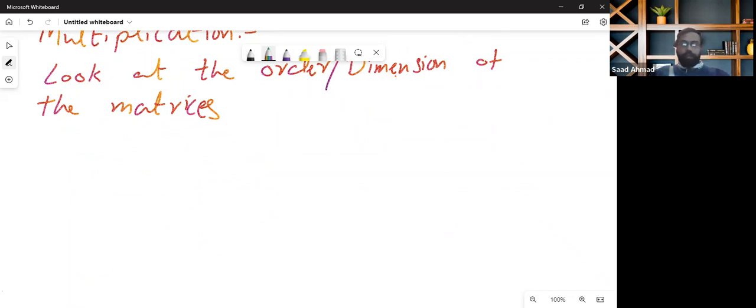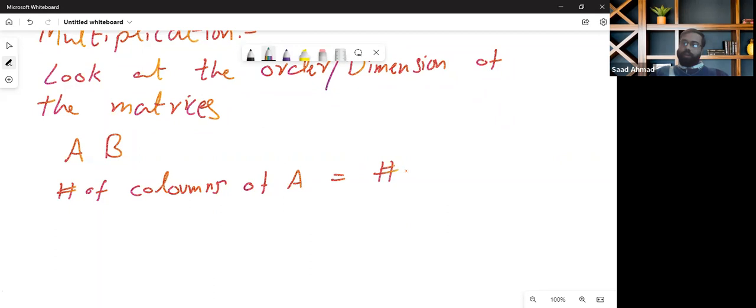The rule is that, let's say we are multiplying A and B, the number of columns of A should be equal to the number of rows of B.